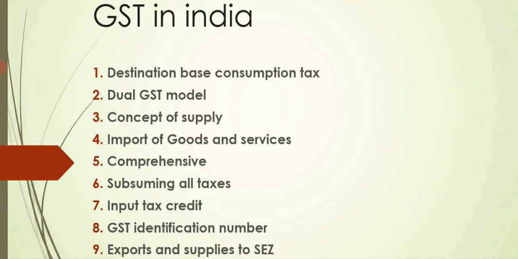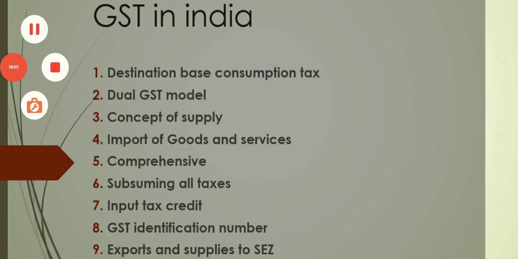Here GST is applicable on supply of goods or services, as against the present concept of taxes on the manufacture of goods or on a sale of goods or on provision of services. It means GST will be charged if goods are covered in the definition of supply even though no sale is made. Example, supply of goods to one's own branch.